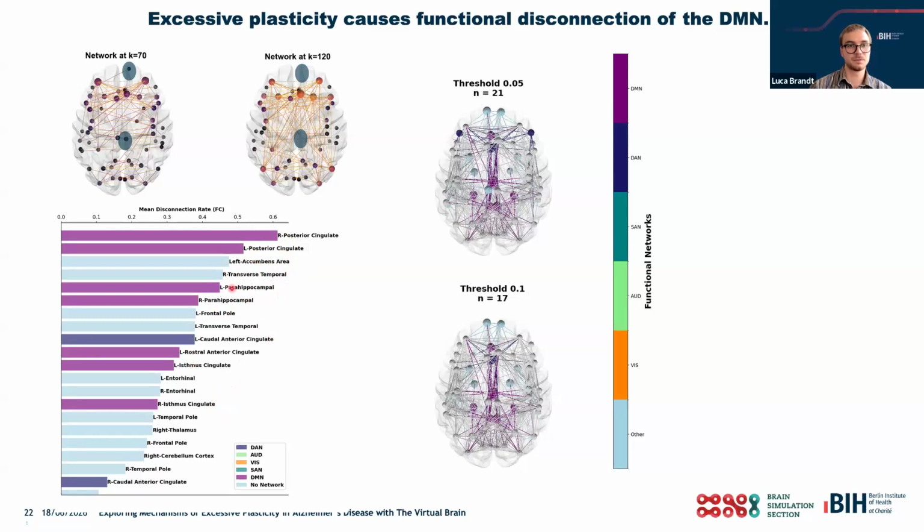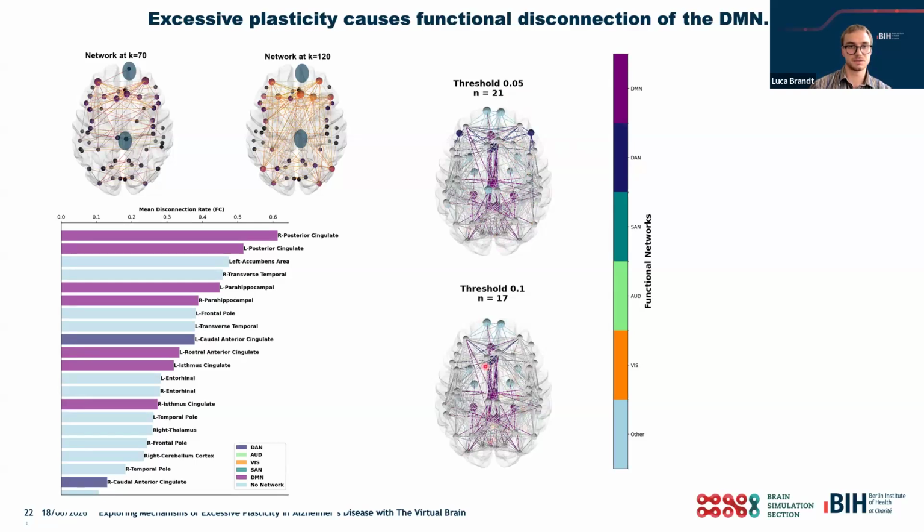And if compared to functional networks, they belong mostly to the default mode network, which is why I presented it earlier. Looking at only 5% of the simulations, the nodes that are disconnected belong mostly to the default mode network and some to the dorsal attention network too.